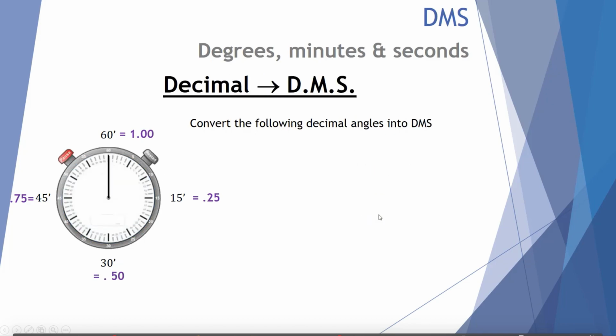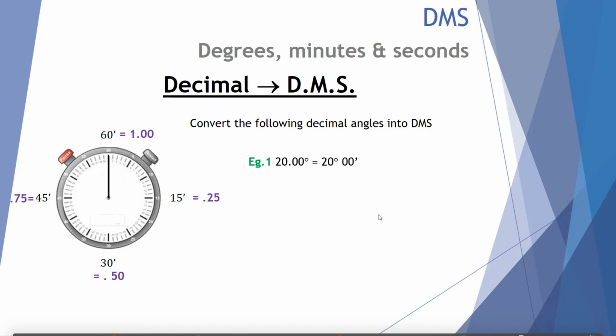So let's look now at some examples converting decimal angles into degrees, minutes, seconds measurements. So example 1, if we measured an angle at 20 degrees exactly, 20.00 degrees, that would still be just 20 degrees and no minutes.